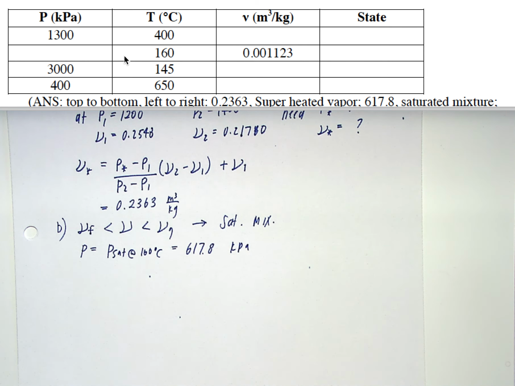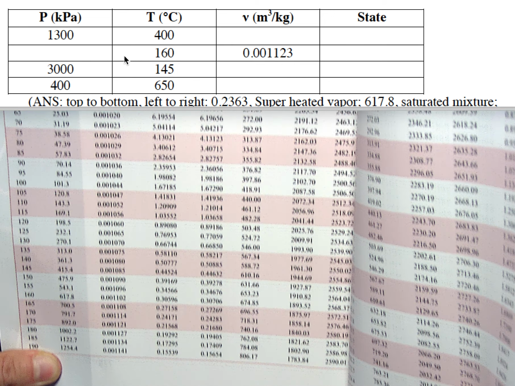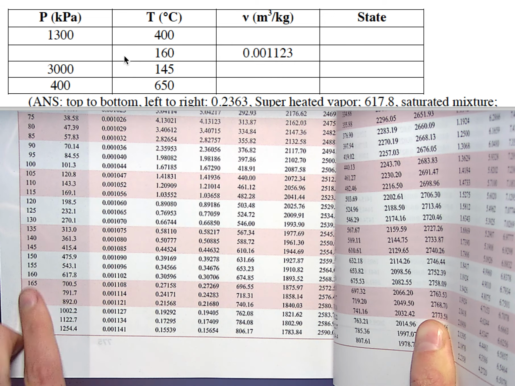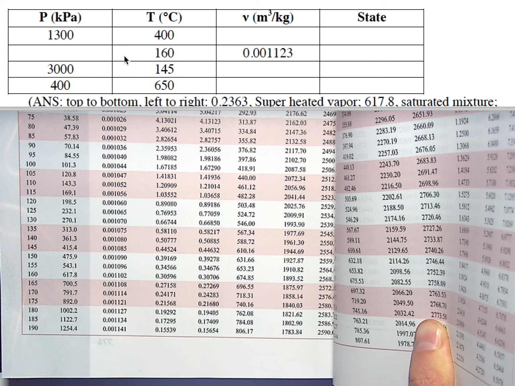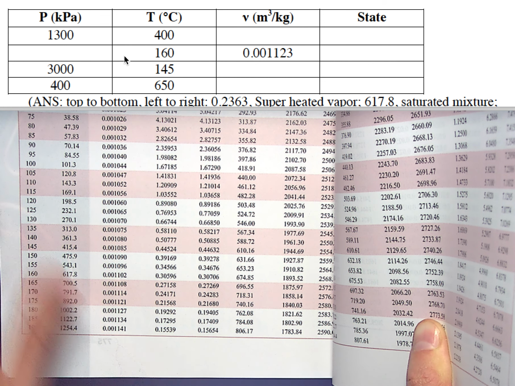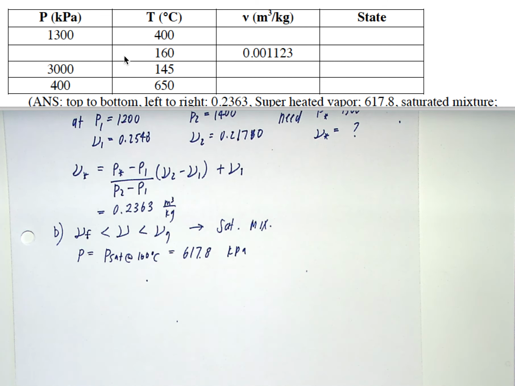I can show you that one more time in the book. So if you go to 160, the saturation pressure is 617.8 there. Okay, so that fills in that table value.